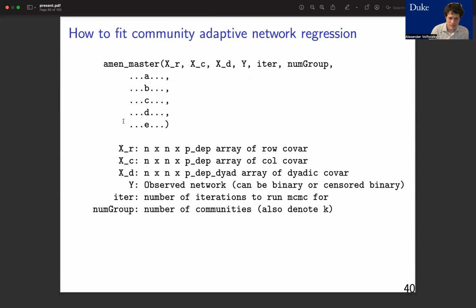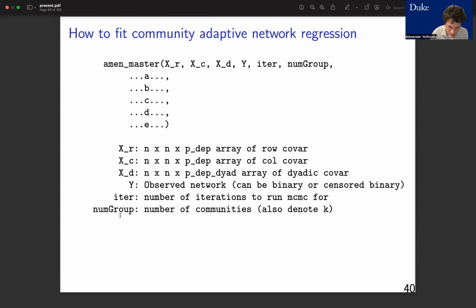Then you need to give it row covariates, column covariates, and dyadic covariates in a slightly different format than before, but we have functions to pre-process it. Essentially you want repeated versions of the row and column covariates because it will ease calculations later. The number of iterations for the MCMC to run is in here as well.